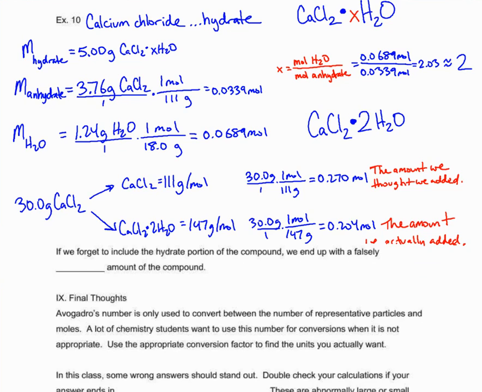So what happens is that if we forget to include the hydrate portion of the compound, we end up with a falsely high amount of the compound. I thought I had more than I did.